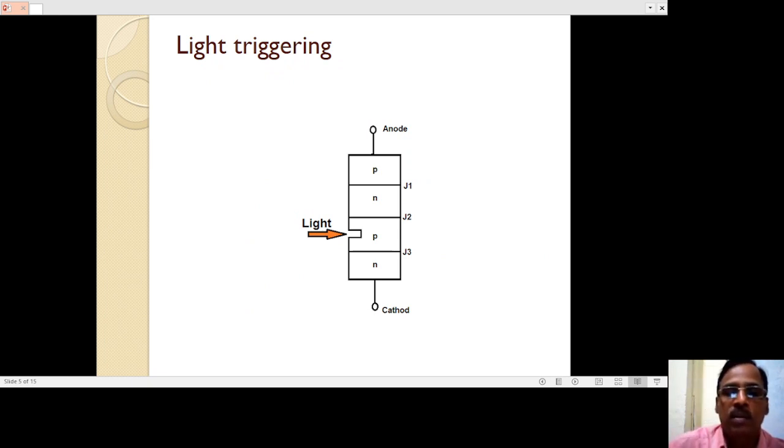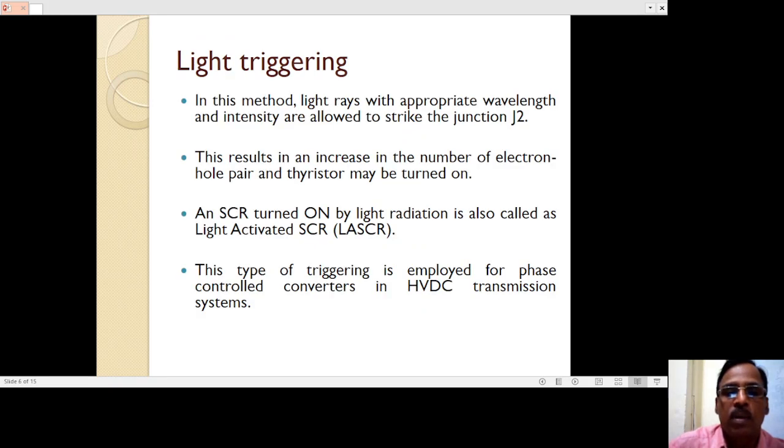So that barrier junction J2 depletion layer gradually reduces and increases the number of electron hole pairs and the thyristor may be turned on. Practically, this method is used in LASCR.